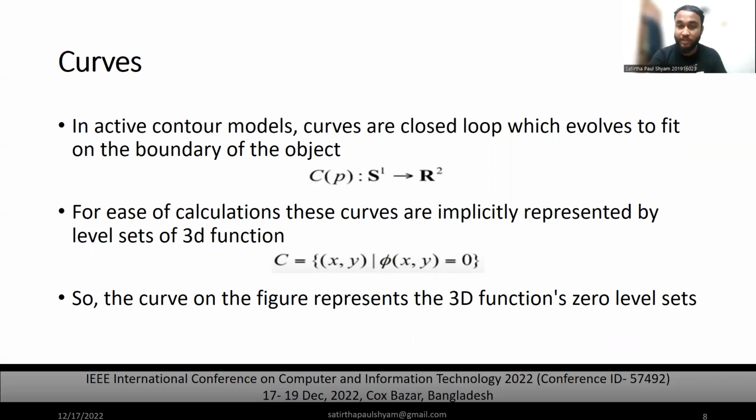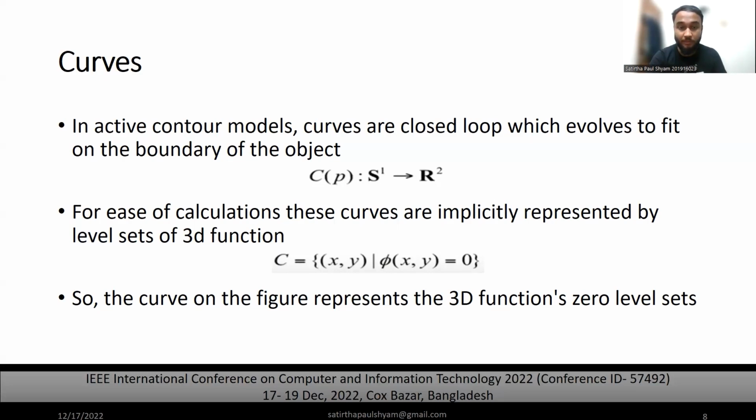These curves are 2D closed loop functions, but the evolution of a 2D function is quite complex to represent mathematically. So we increase the dimension. We all know that the level set of a 3D function is a 2D function.